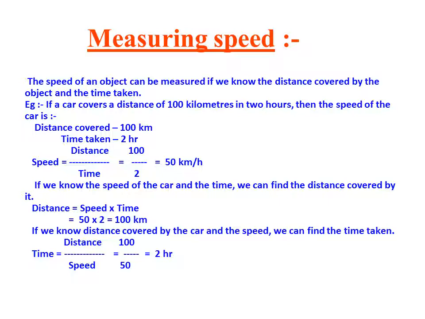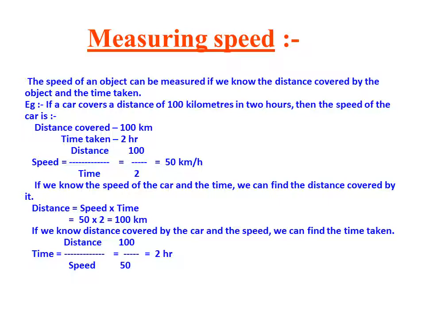Let's have an example here. If a car covers a distance of 100 kilometers in 2 hours, then what is the speed of the car? Here we have distance traveled, that means 100 kilometers, and we have time, that means 2 hours. So we can find speed.